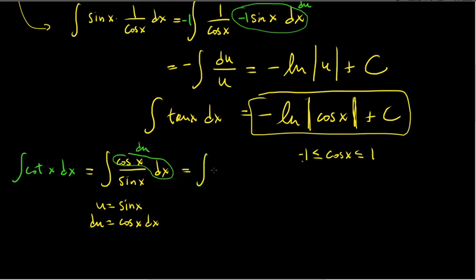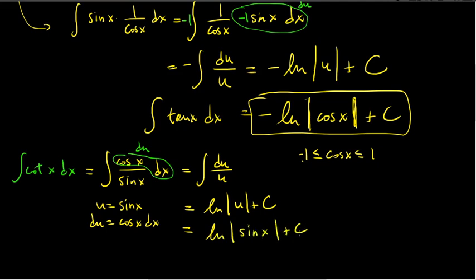So this is just the integral of du divided by u, which is, again, natural log of absolute value of u plus c, or in this case, the natural log of the absolute value of sine of x plus c. Okay. So again, the integral of cotangent is natural log of absolute value of sine.